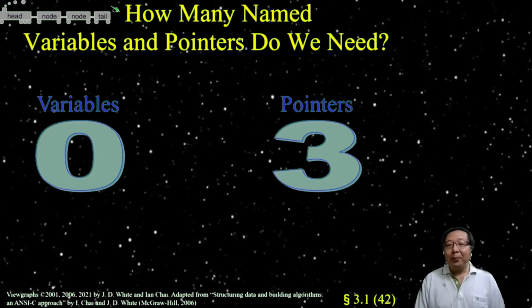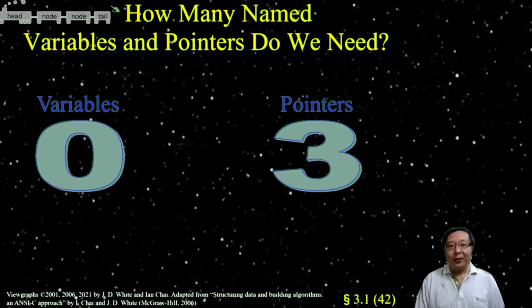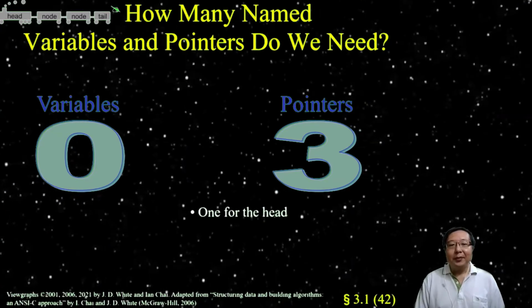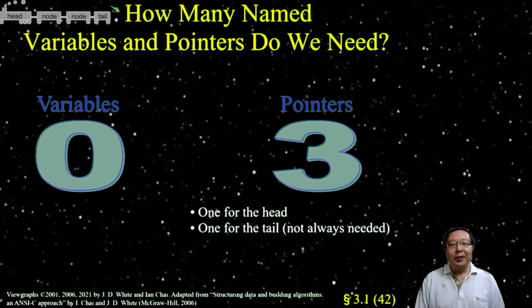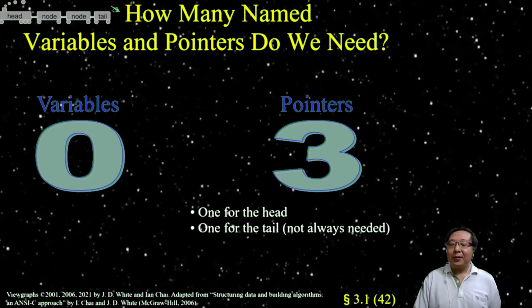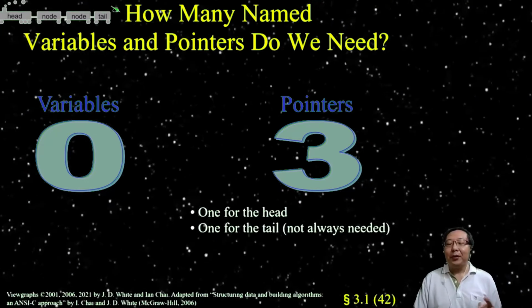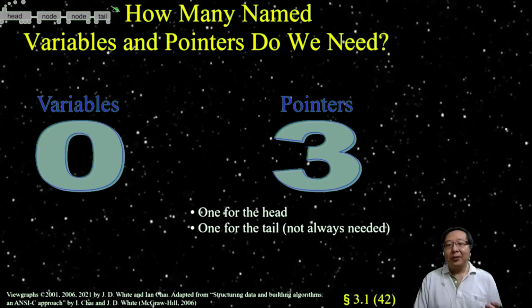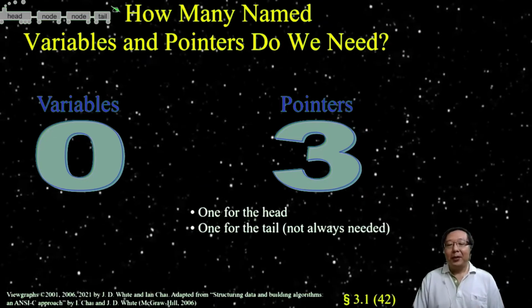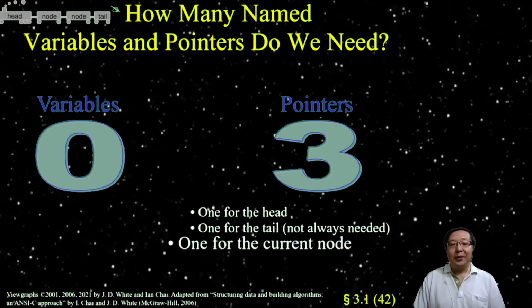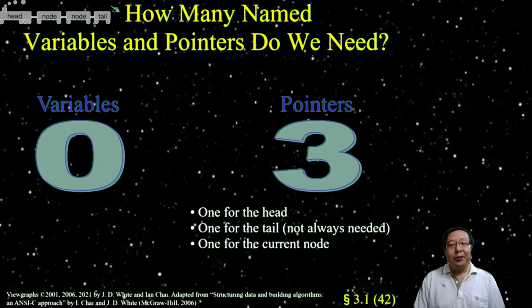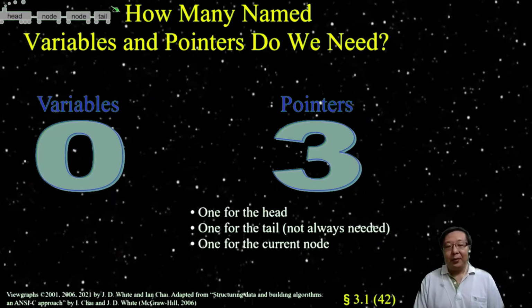We needed 3 pointers to keep track of everything. 1 for the head, 1 for the tail. Now, in the case that we just did, we didn't need that tail pointer because we never try and do anything more with it. But very often you need that, as you'll see later. And 1 for the current node. You need that to move around.